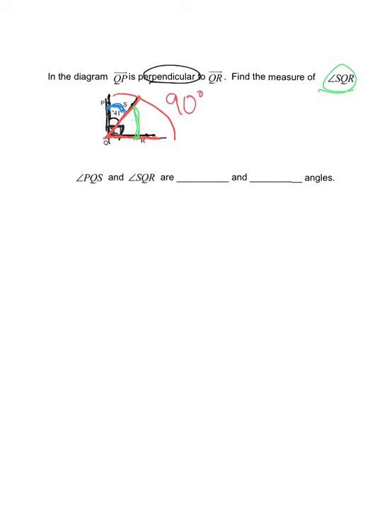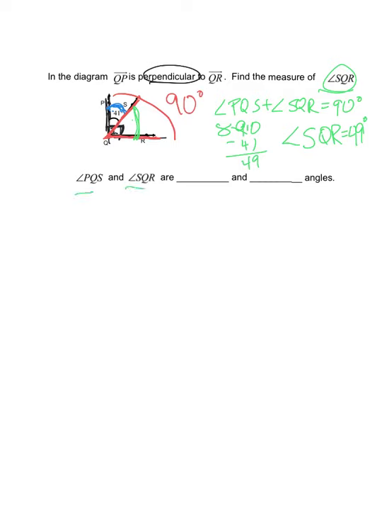So I know angle PQS plus angle SQR are going to add up to 90 degrees. If I know one's 41, I need to find the other one. So 90 minus 41 is what is left over, and what's left over is 49 degrees.